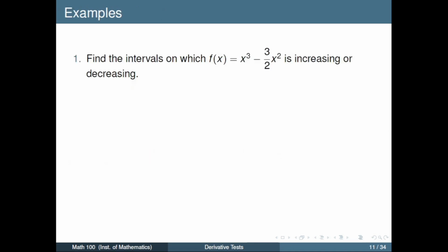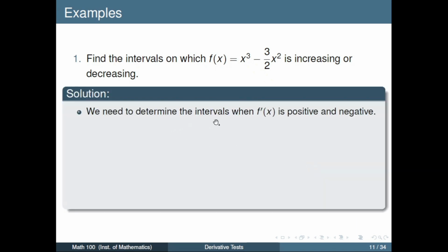And let us now use the theorem and the remark in order to find the intervals on which this function f of x equals x cubed minus 3 over 2 x squared is increasing or decreasing. So from our theorem, the function being increasing or decreasing is based on the signs of our f prime.